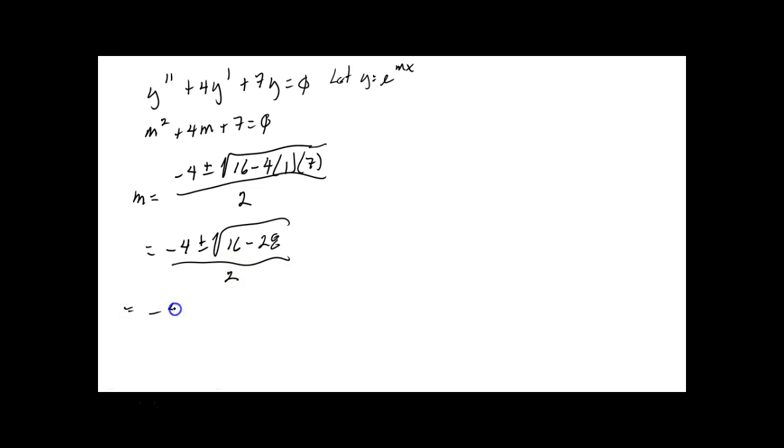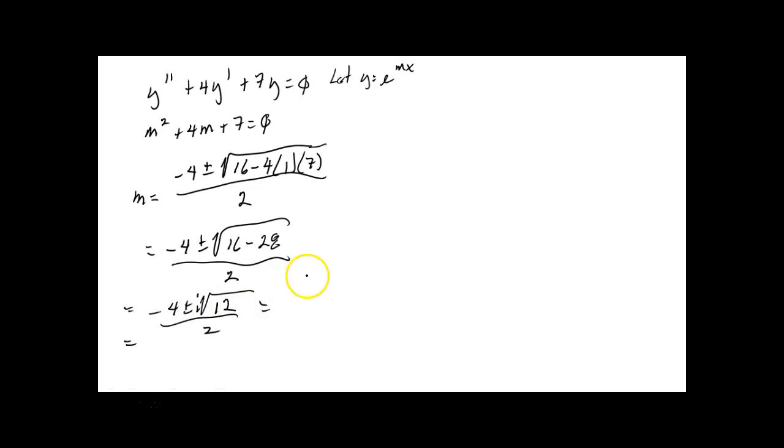This is equal to minus 4 plus or minus the square root of negative 12, which is i times root 12, right? Now I'm going to continue over 2.